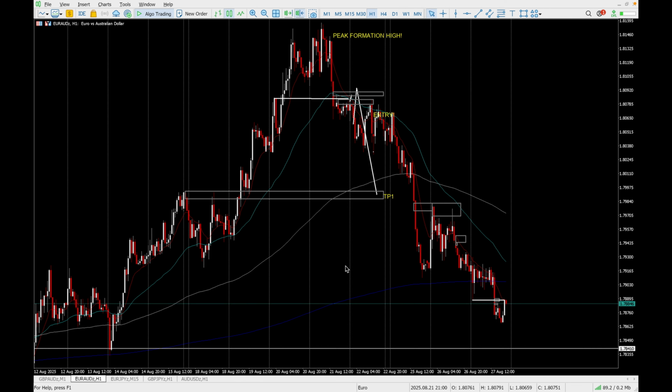All right, so I'll take this from a very clean chart so you understand the reason why I was looking for sells on Euro AUD. So going from the weekly time frame, what we can identify is very simple. We've been in an uptrend.